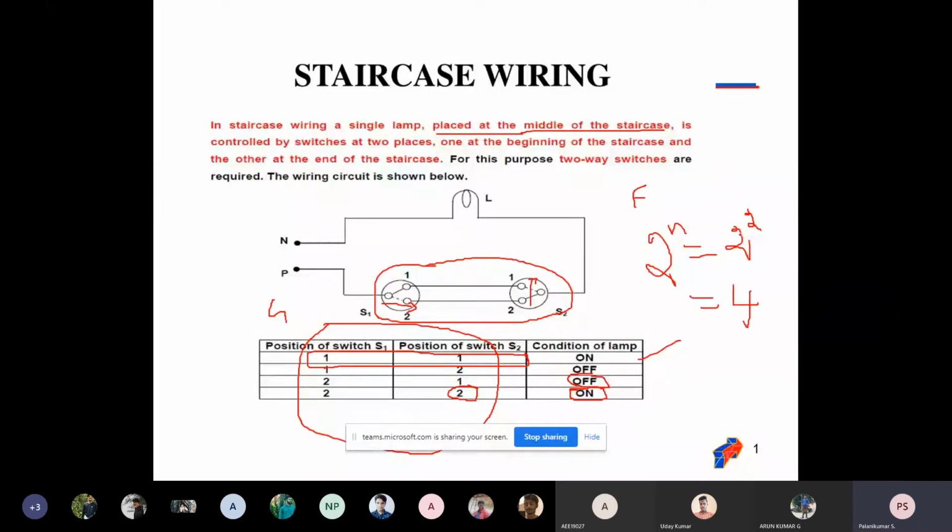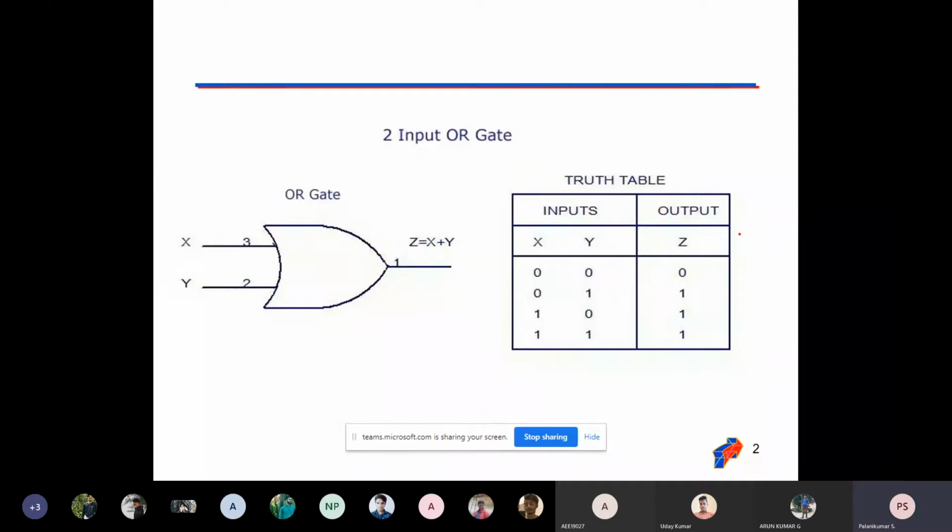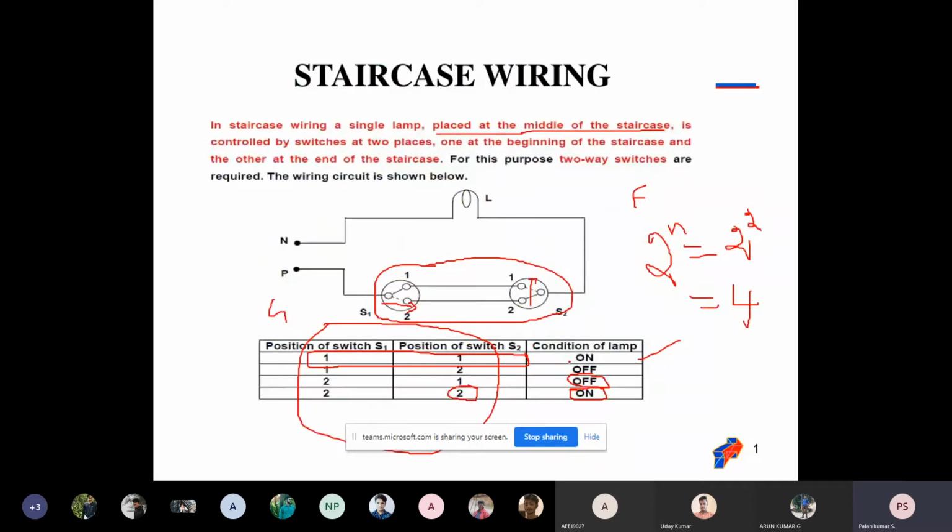So can we compare that with the logic? I am comparing that first with the OR gate. OR gate I cannot use, because the output should be high only some of the time.